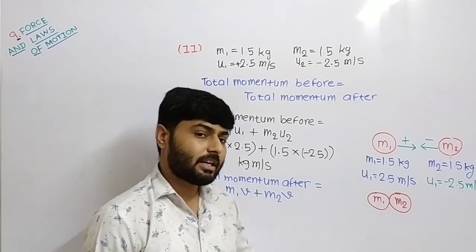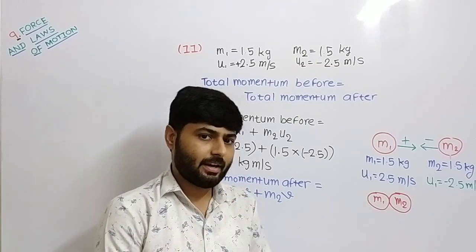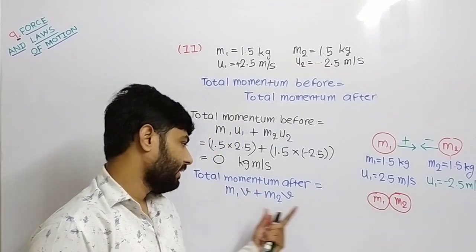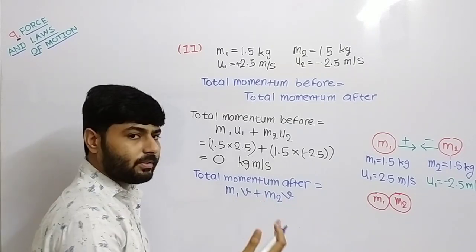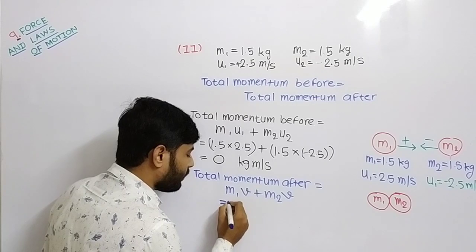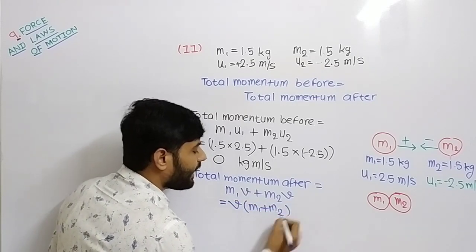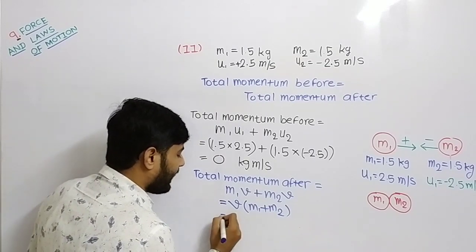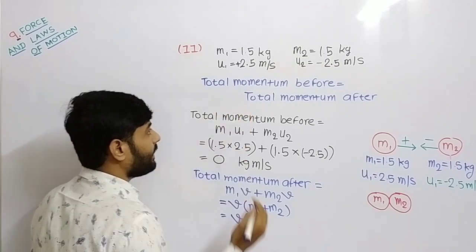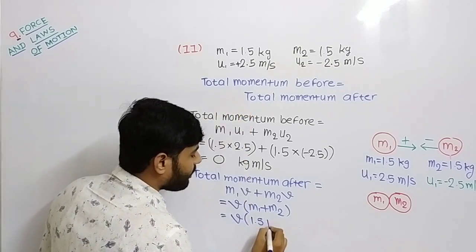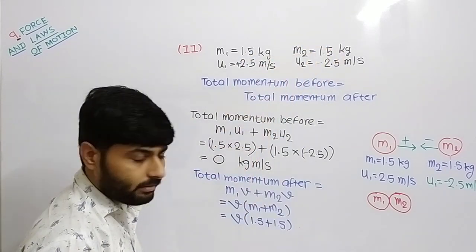Because after collision these both objects stick together and move, so I write v as the velocity of both objects. So we have v as common, times m1 plus m2, that is 1.5 plus 1.5.